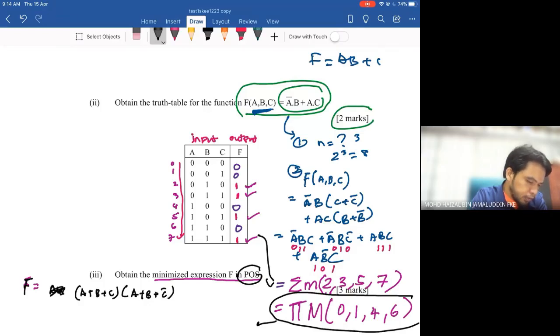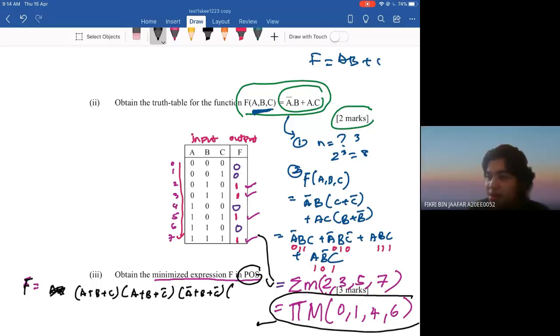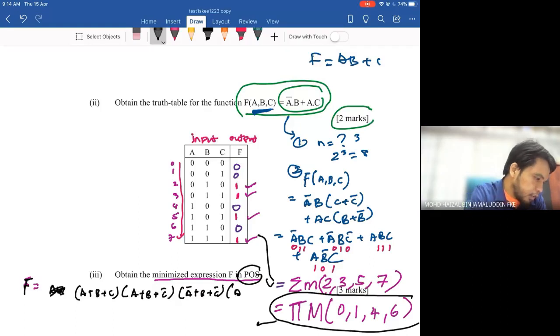Then 001, where was it earlier? A bar plus B. No, sir. The third term is A bar plus B plus C. I made a mistake, I read it wrong. It's 100.